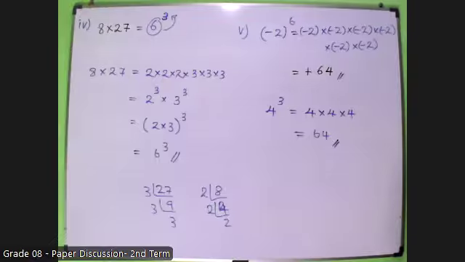So the sixth one: without taking the answer of minus 5 to the power 5 times minus 37 to the power 4, by giving reasons, state whether the answer is positive or negative. Right?